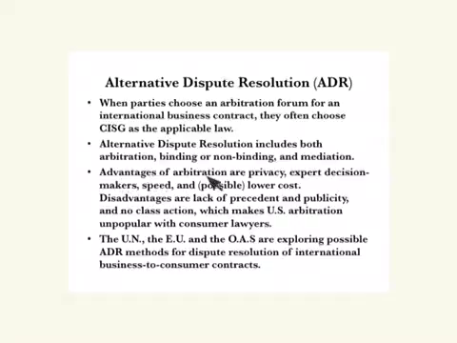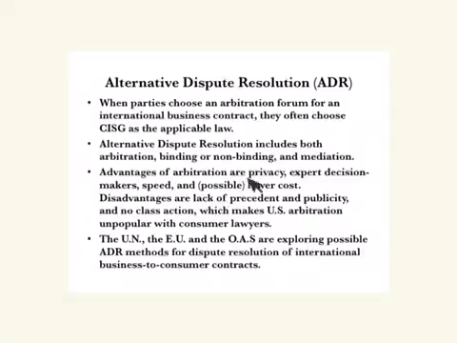The advantages of arbitration have been seen to be privacy, expert decision-making by an arbitrator who can be chosen for their expertise in the relevant type of law or business, and speed and lower cost than court litigation. However, there are disadvantages, as seen by some businesses and parties, and especially consumers.